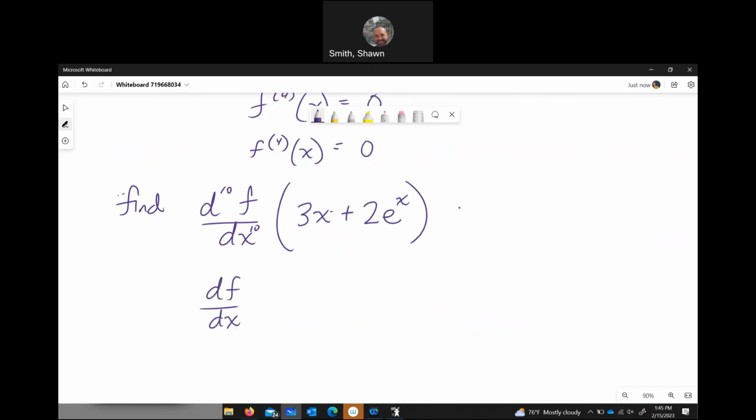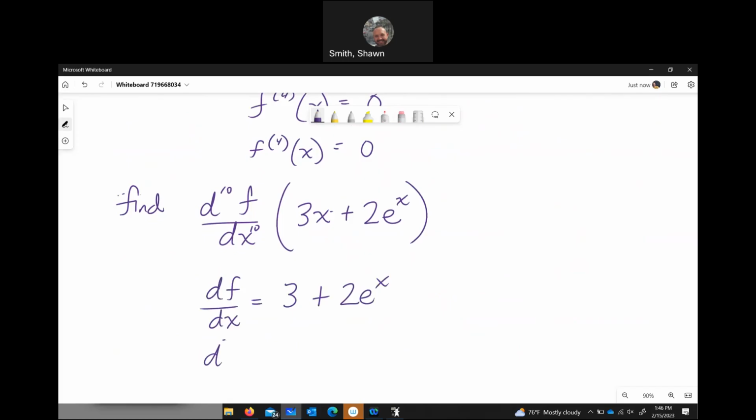All right, so this is the first derivative, right? It's going to be equal to just a 3. And derivative of 2e to the x is 2e to the x, right?